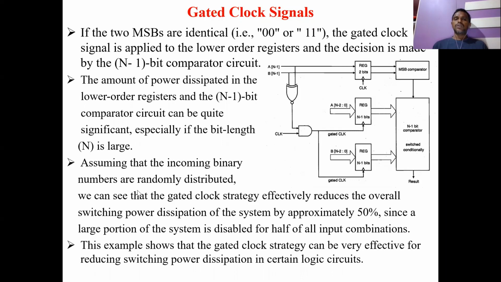This is how we can reduce the switching activity.